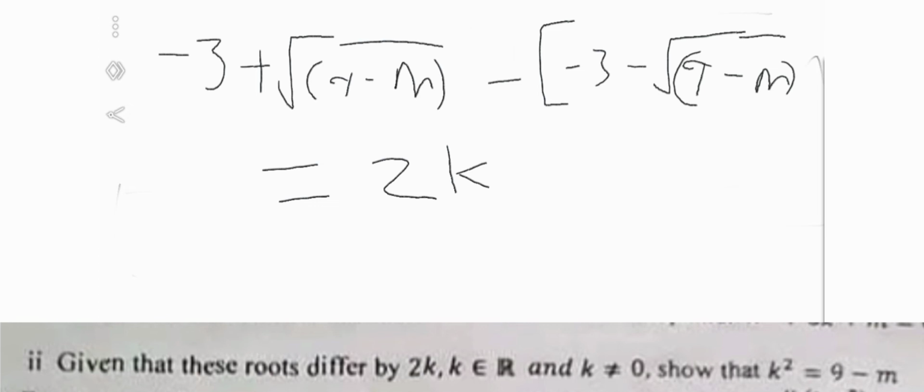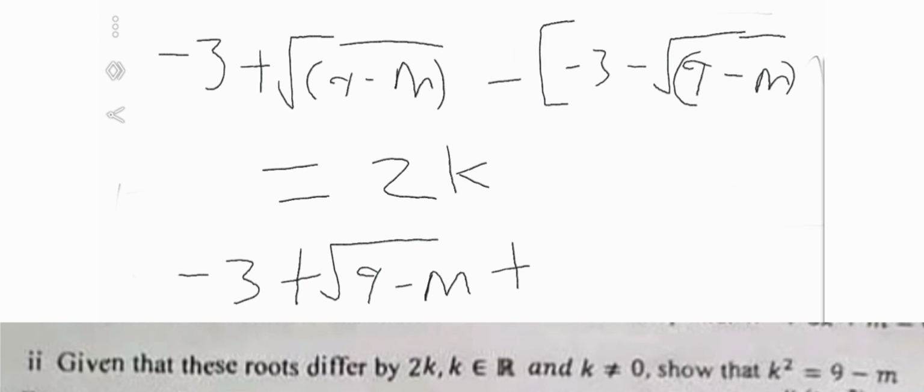Now right here we're going to be having minus 3 plus the root of 9 minus m, minus, we times minus and give us plus 3, minus 2 times minus 2 and give us plus the root of (9 minus m), close the bracket, which is equals to 2k. You should remember.